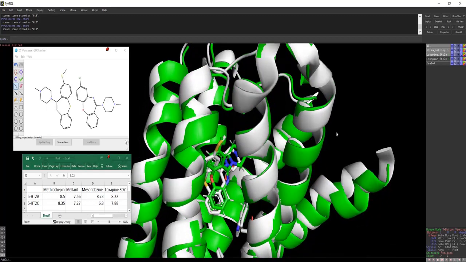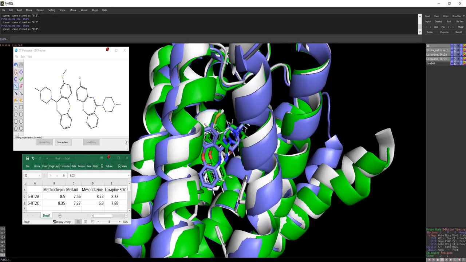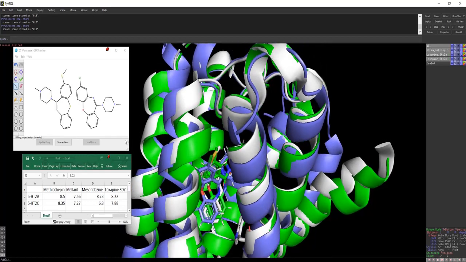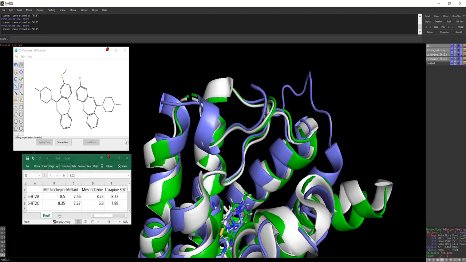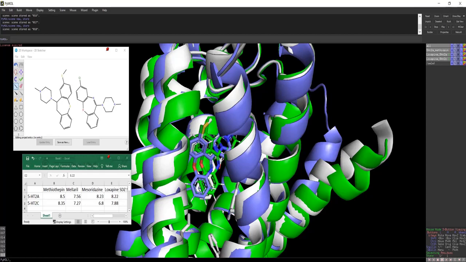If we look at the docked structure of loxapine to 5-HT2C, we can see now it's slightly shifted to the left, but it has more or less the same interactions. Again, PIF and toggle switch over here. And it's in position to form a salt bridge with aspartic acid 155. So overall, they do bind relatively similarly.